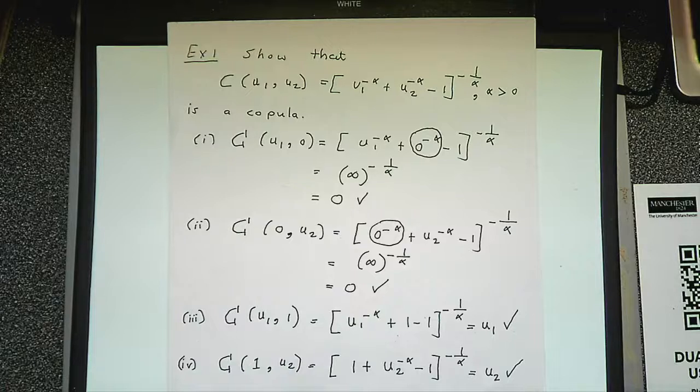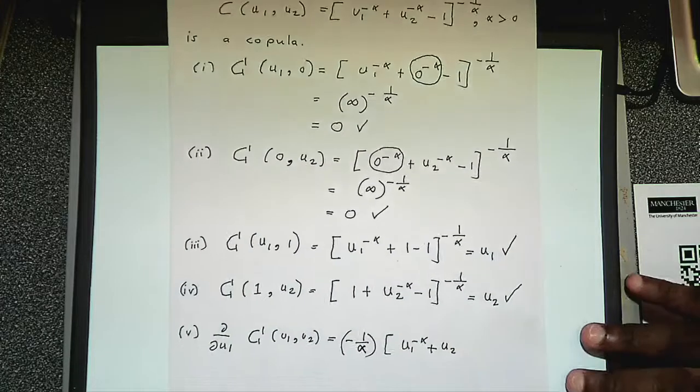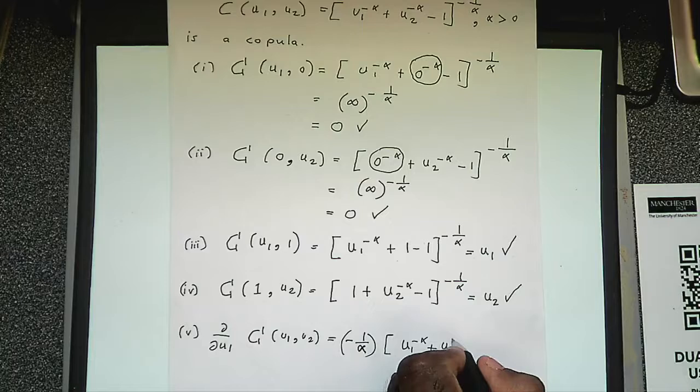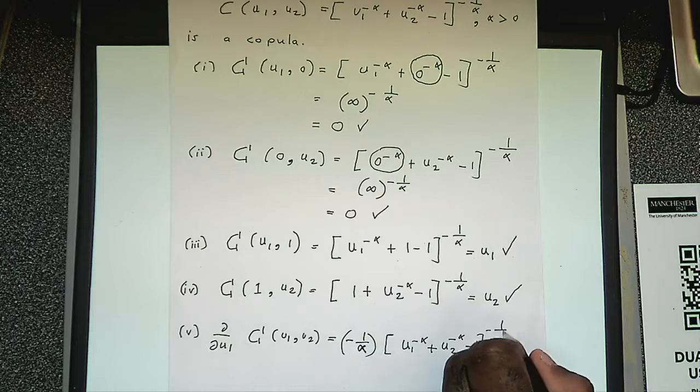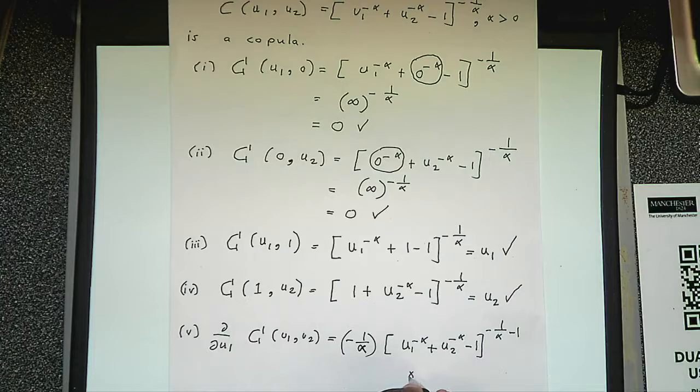You get minus 1 over alpha, multiplied by the derivative of this, which is minus alpha times u1 to the power minus alpha minus this.